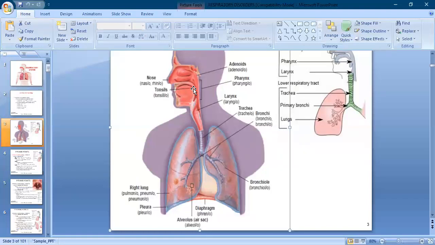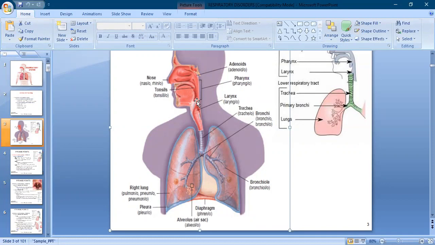Inflammation of the tonsil is called tonsillitis. The pharynx then continues to the larynx. So this portion is a common pathway for the respiratory and for the gastrointestinal systems. So there are some orifices there.